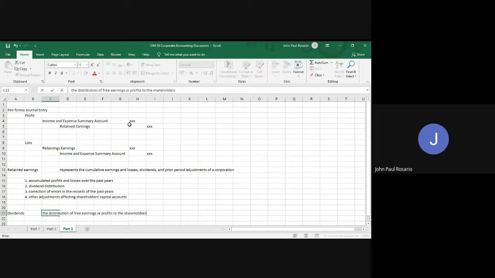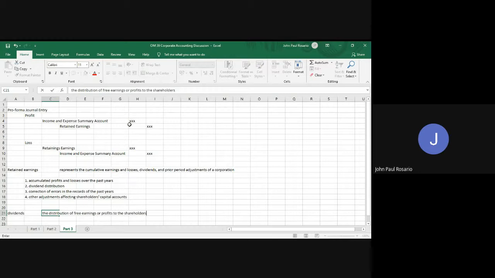Okay, so this is the distribution of free earnings or profits to the shareholders. If you could remember, for partnership, it's what we call the profit sharing. But for corporation, it's called dividends. So it's a distribution of their earnings for the year.